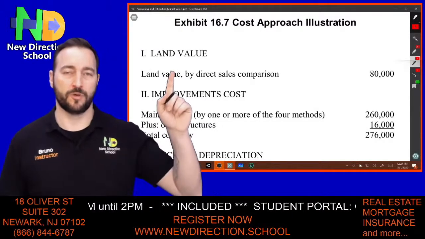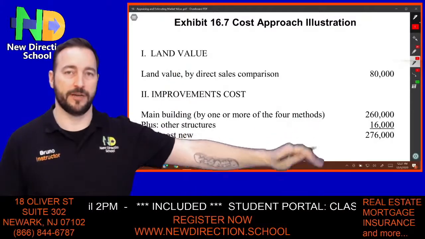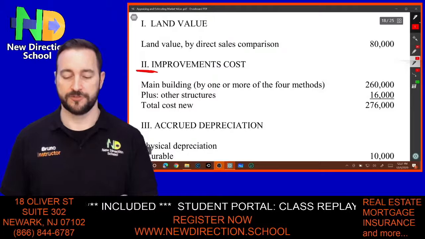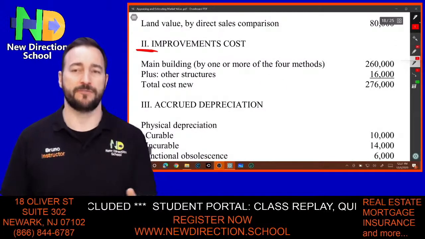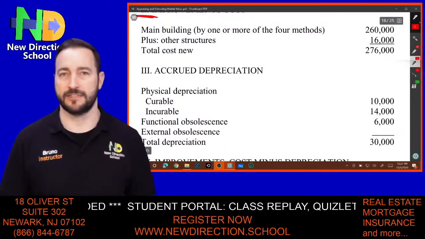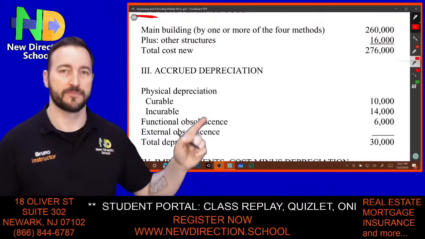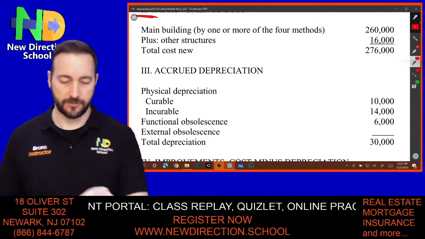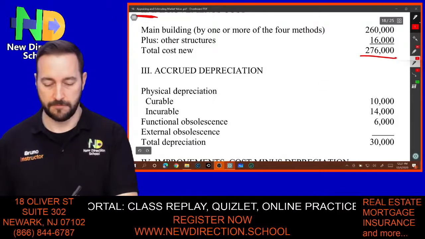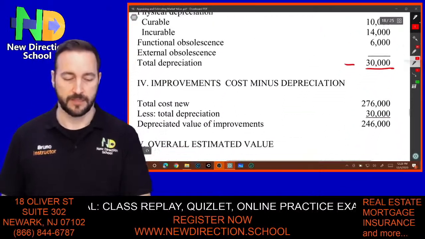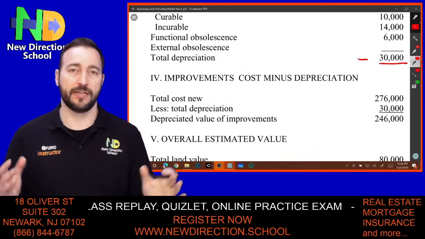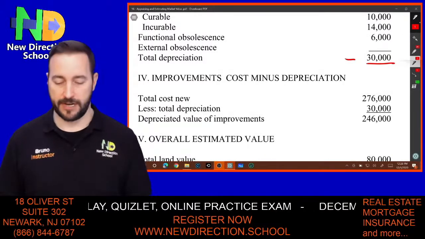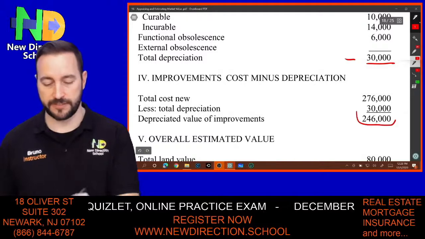You just got to know that once you have land, you put it separate right away, and then you go from here on. They'll tell you 260 with a depreciated value of $30,000, let's say. So you won't even have to figure all this out. They'll give you $30,000. So now you know that you have to do this one minus this one. That's step number 4. So simplifying it, step number 4 is figuring out the difference between these two, which is 246.